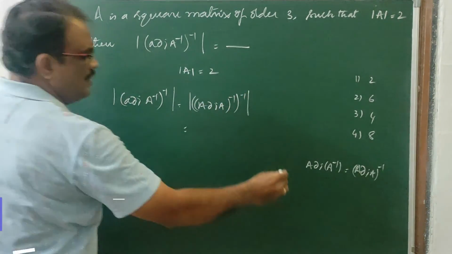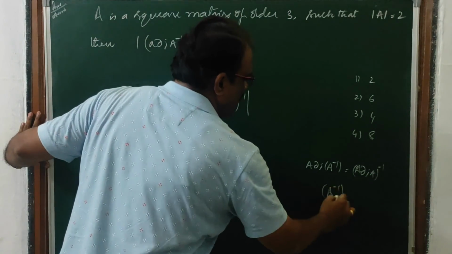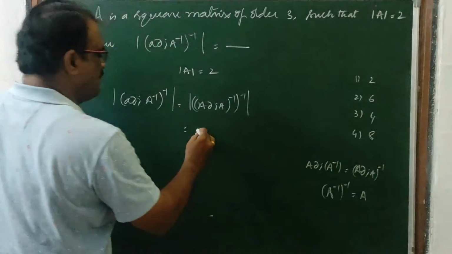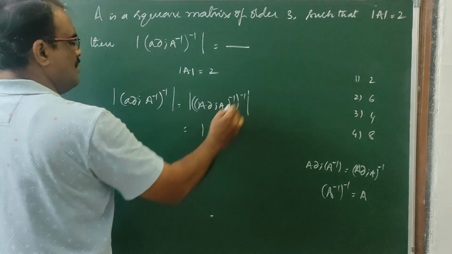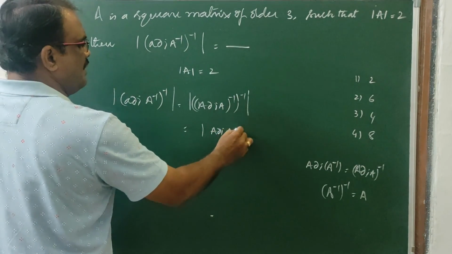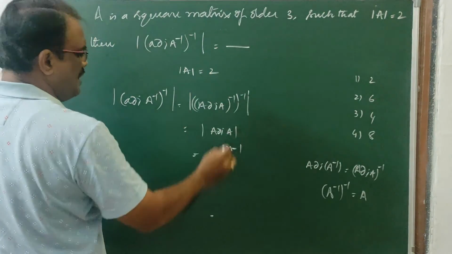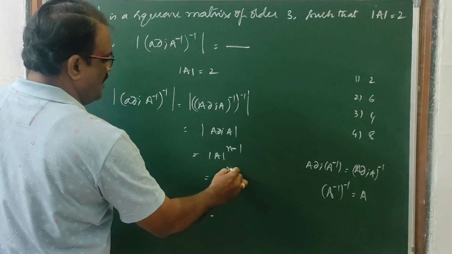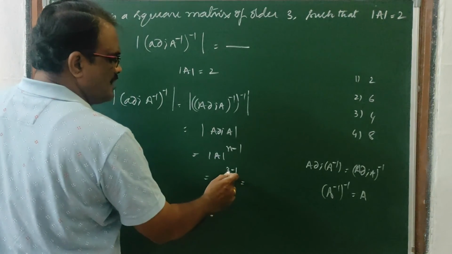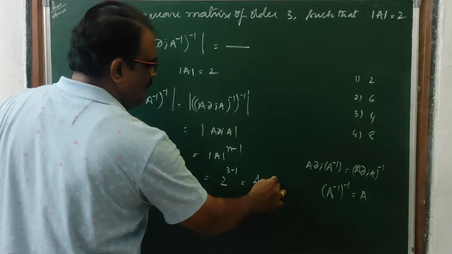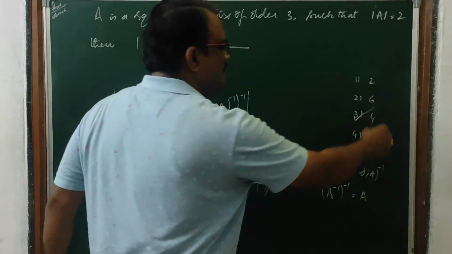A inverse whole inverse is A. Similarly, adjoint A whole inverse is adjoint A. This is det A whole power n minus 1. Det A is 2, whole power 3 minus 1. 3 minus 1 is 2, 2 square is 4. So your answer is the third choice.